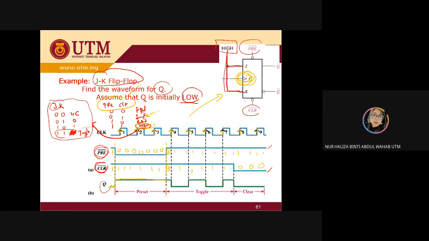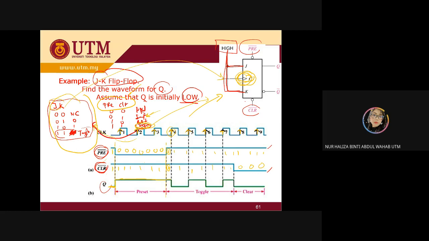Here, there is no change yet until you meet the clock because 1 and 1, you need to look into your JK flip-flop. You're going to look into your positive clock first. 1 and 1 for your preset is going to be synchronized, looking at your flip-flop.